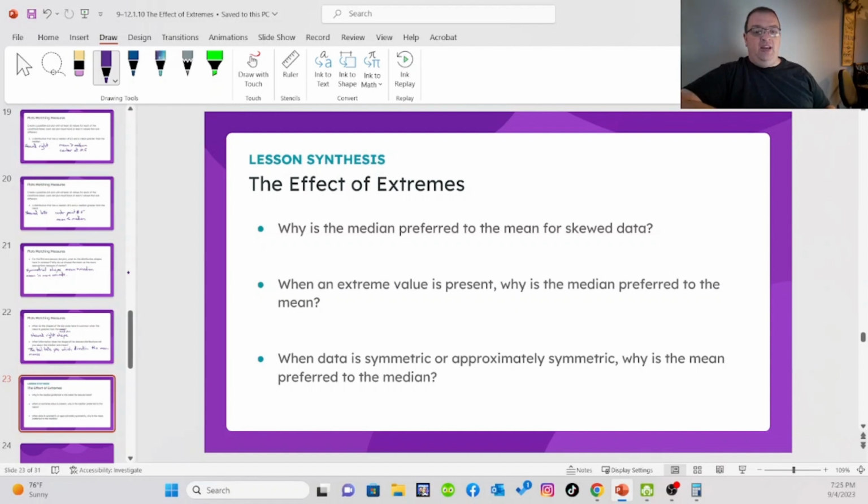The mean follows the tail, and the more extreme an outlier is, the more the mean moves. So the median is preferred because the median doesn't change as much.